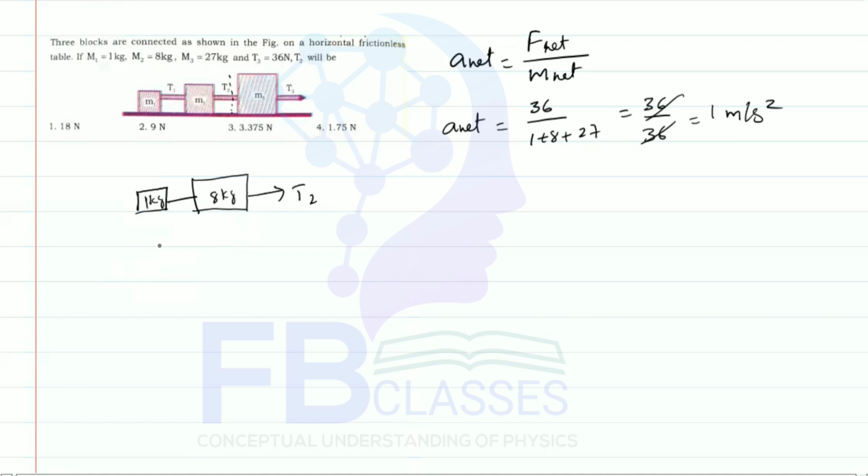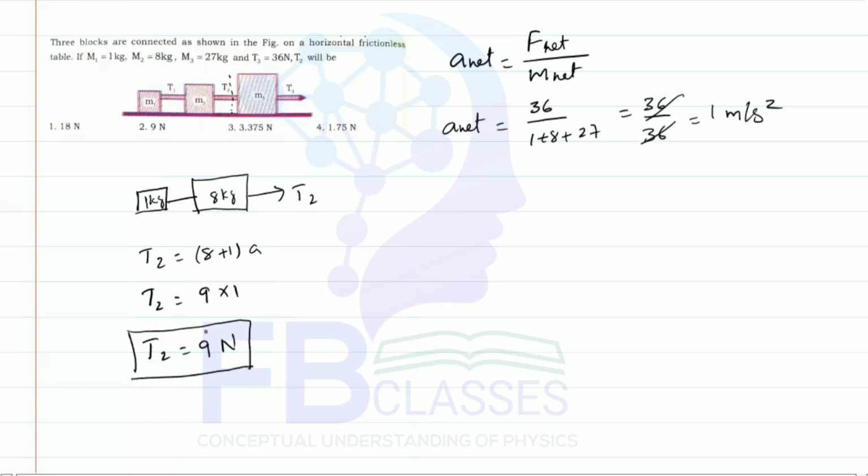So T2 will pull the two blocks. So tension T2 is equal to 1 plus 8, right, into acceleration. So T2 is equal to 9 into 1, so 9 Newton. T2 is equal to 9 Newton.